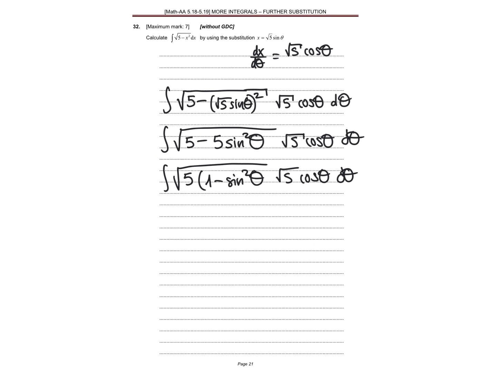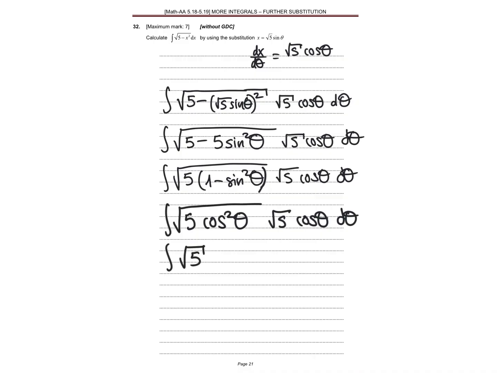And this is root 5 cosine squared theta, times root 5 cosine theta. And we can actually separate this to root 5 root cosine squared, so that root 5 and root 5 are 5. The square root of cosine squared is cosine, so that cosine times cosine is cosine squared.